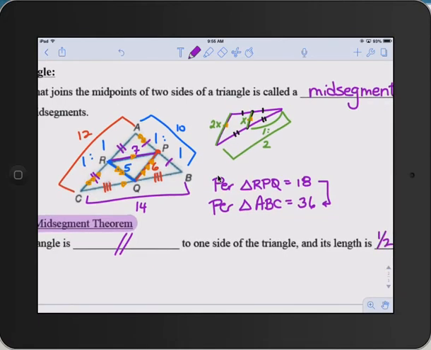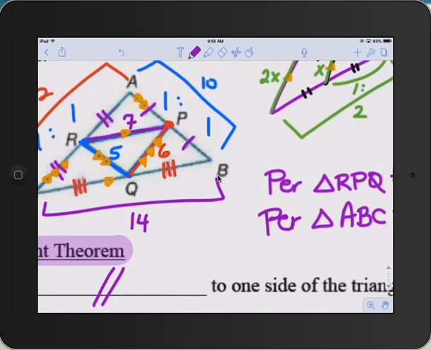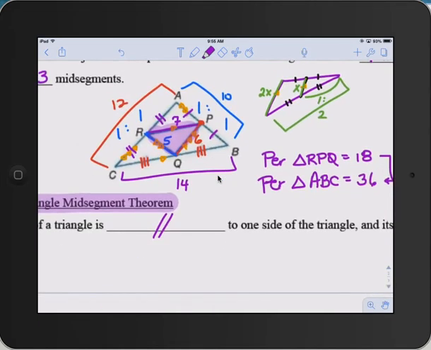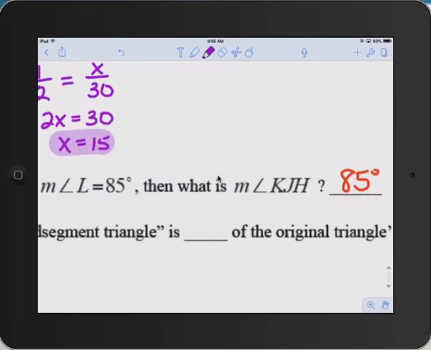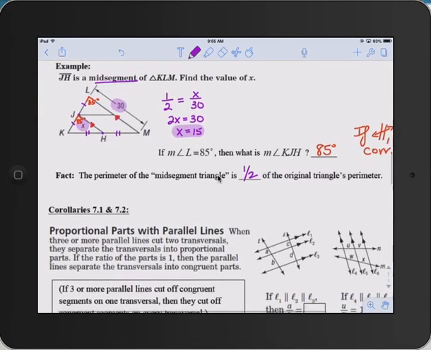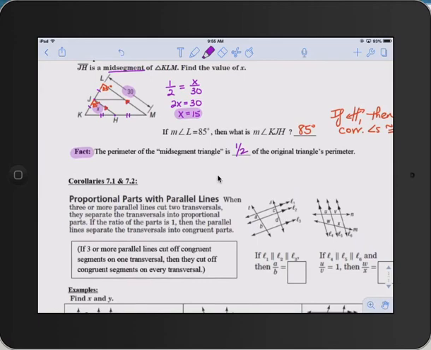The perimeter of the small triangle is going to be half the perimeter of the large triangle because each of the side lengths of that little mid-segment triangle is half the length of a side of the original triangle. So when you add them all up, the perimeter of the mid-segment triangle is 1/2 of the original triangle's perimeter. Again, important, but hopefully not surprising.